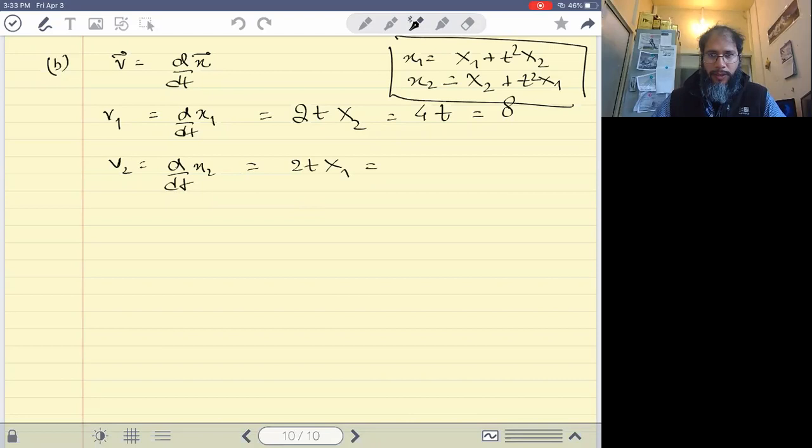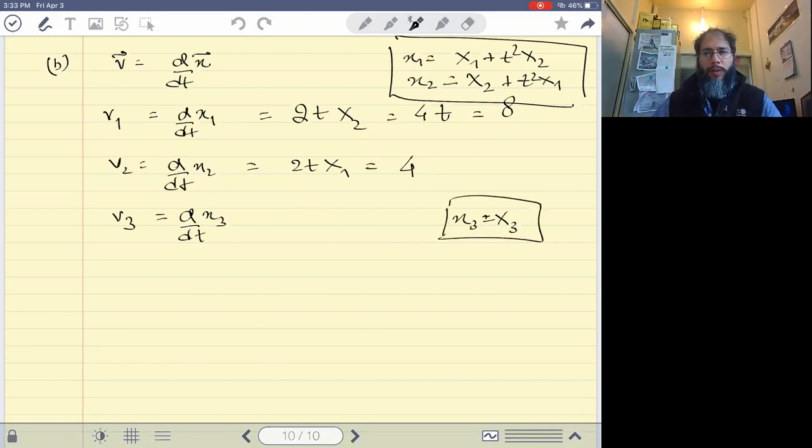If I put t equal to 2 seconds and capital X1 equal to 1, I get 4. And v3 is 0 because small x3 was simply capital X3. It does not change with time, so the derivative of that is 0. So my v vector for point P is 8, 4, 0.